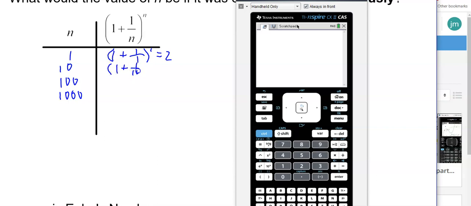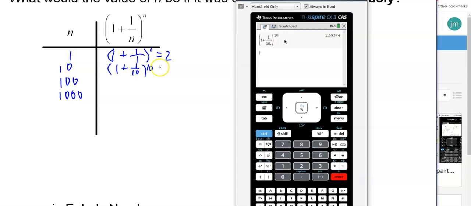So 1 plus 1 over 10 to the 10th. Let's type that in our calculator and see what happens. So that'll be 1 plus 1 over 10. I'm going to put a decimal point because I want a decimal in my answer, to the power of 10.